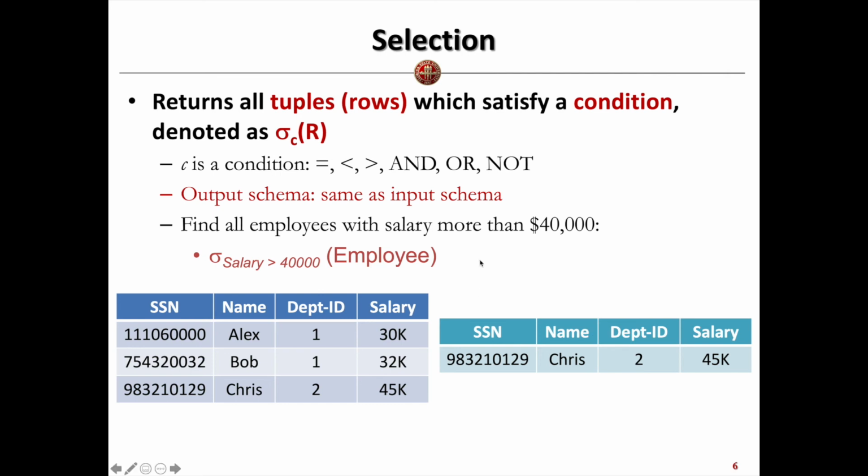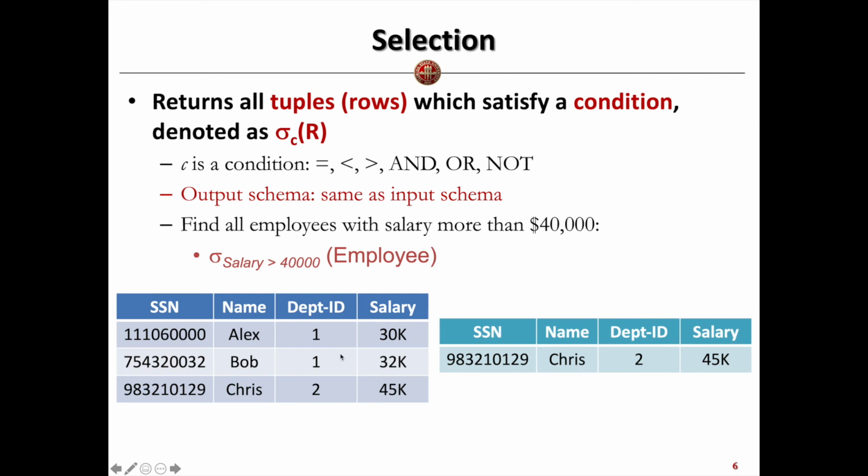Remember, for this operation, we make no changes to the schema. The schema will still be the same as the original one. The attribute names as well as the value types will remain the same for the output relation. However, for the data tuples in the output relation, we only have the employees whose salary is larger than 40K.